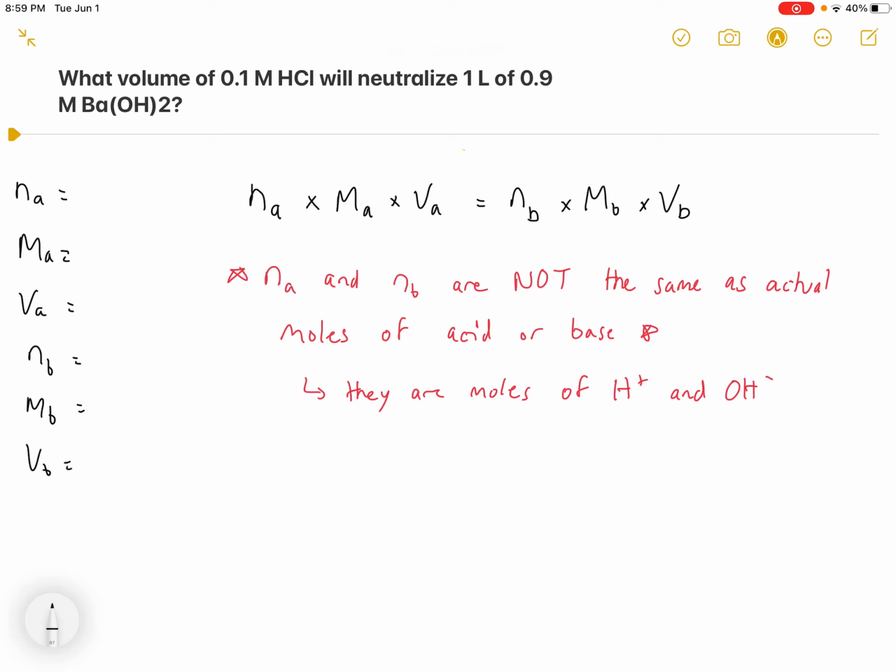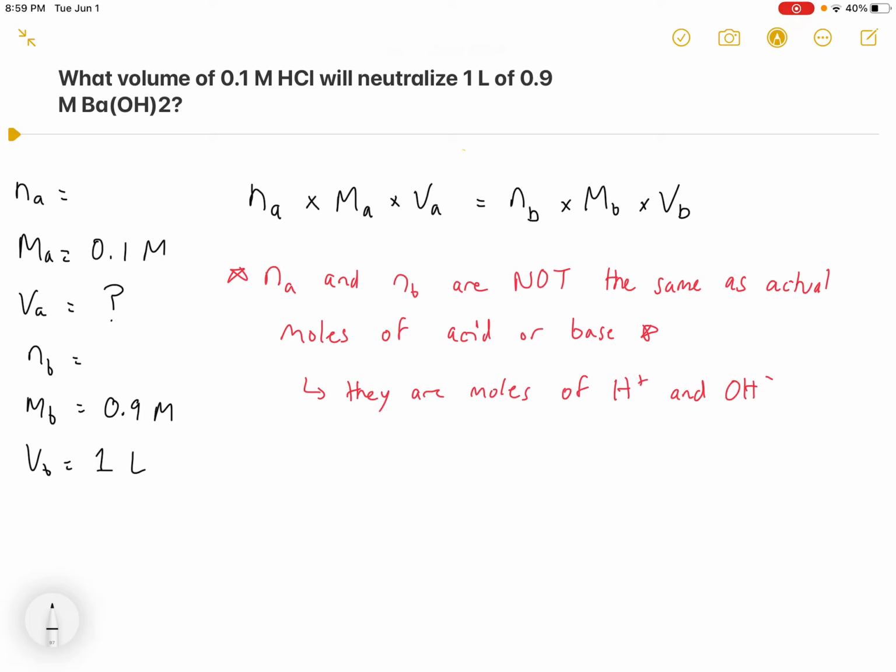We know that the volume of the base is 1 liter. The molarity of the base is 0.9 molar. The volume of the acid is the unknown. The molarity of the acid is 0.1 molar.